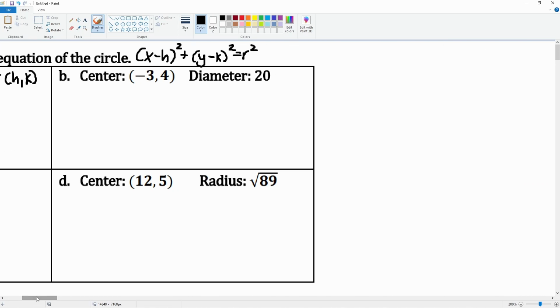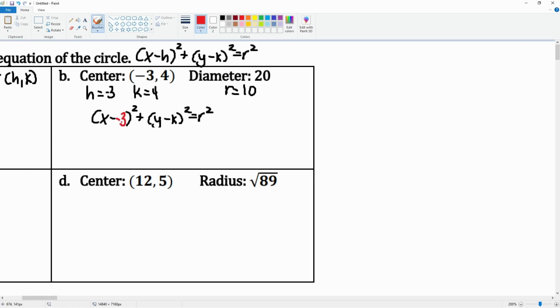All right. Same thing here. The h is -3, the k is 4, then the diameter is 20, so the radius is 10. We have it. All right. Here is our equation of a circle. Make the substitution.